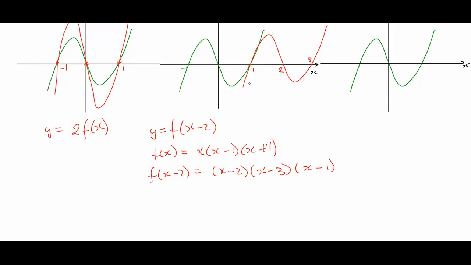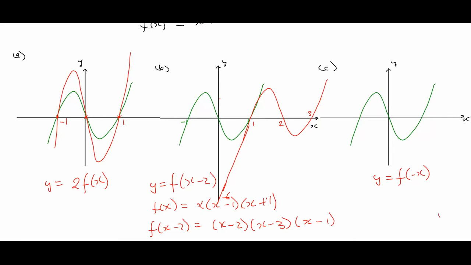You may need to do that if the question asks you. Well, that is, of course, where x is 0. So substitute 0 here, we'll have minus 2 times minus 3 times minus 1, which is equal to minus 6. And so if the curve is extended down to where it crosses the y-axis, this here is minus 6.